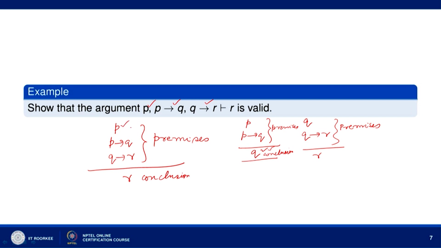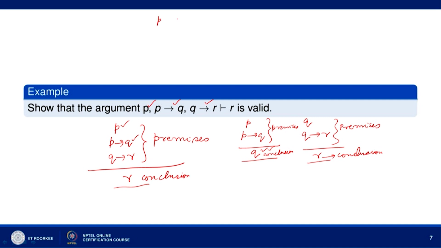So, P and P implies Q, the two premises give us conclusion Q, then Q and the premise Q implies R gives us the conclusion R. So, without using the truth table we can show that in this case R will be the conclusion. We can do it by truth table also.